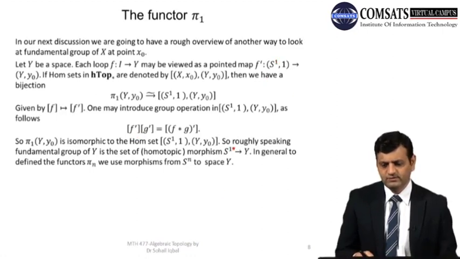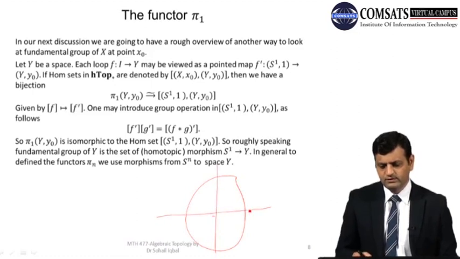So this S1 is basically a circle, and this 1 is basically the point (1, 0). It's written as 1 because this circle is a group, and this element serves as the identity, so that's why we write it as 1.